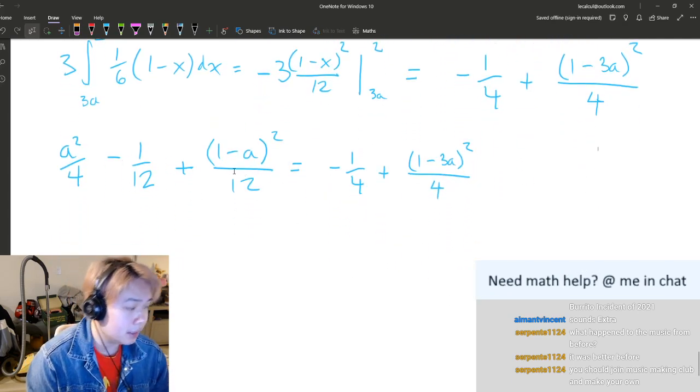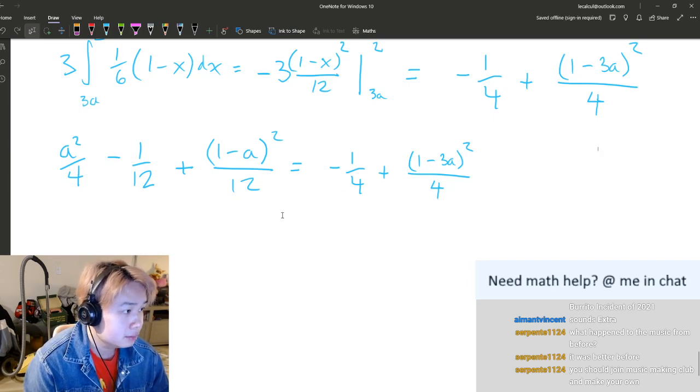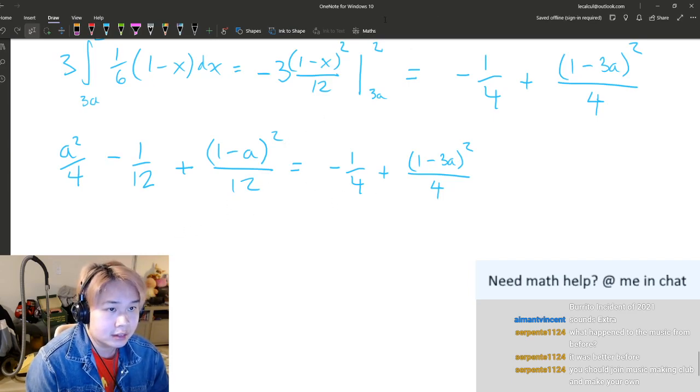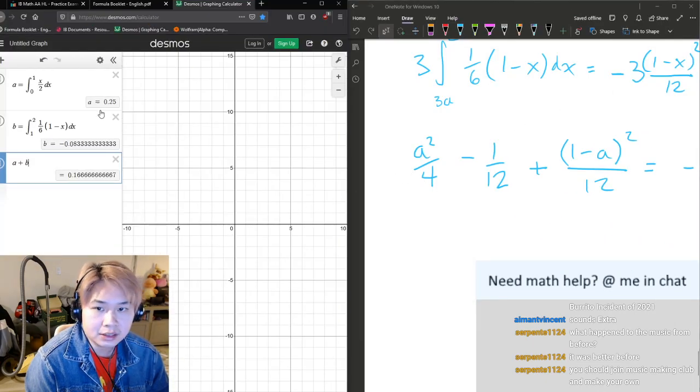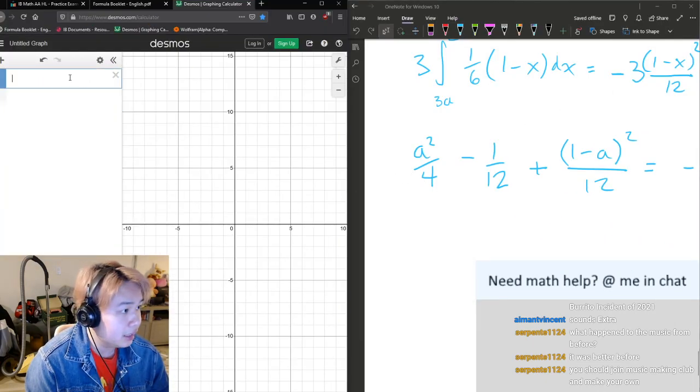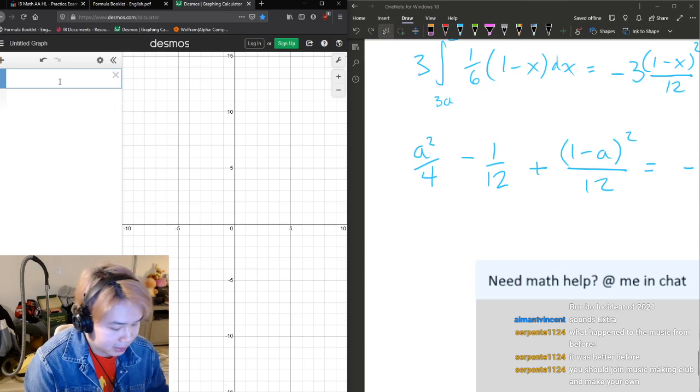And then basically I can solve for A using a graphing calculator. So I'm just gonna graph each side as a function and then find their intersection. And as long as I did my integrals right, this should be fine.